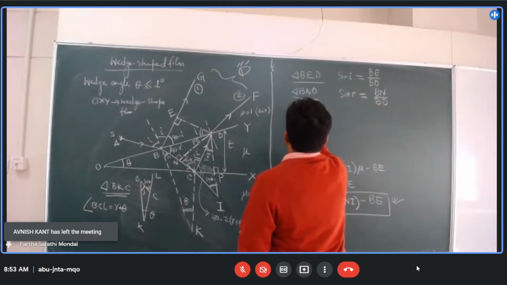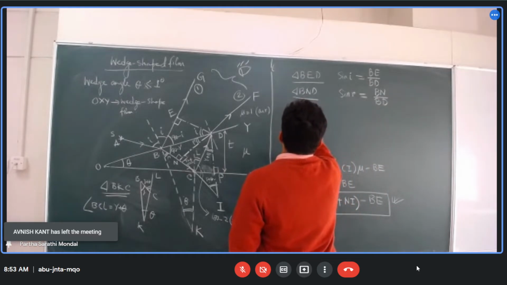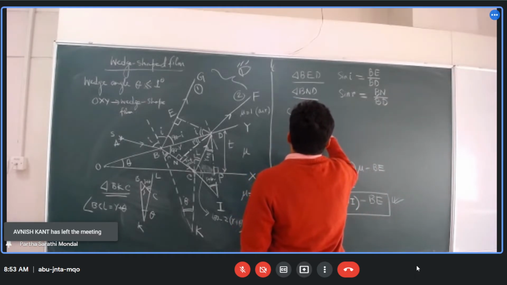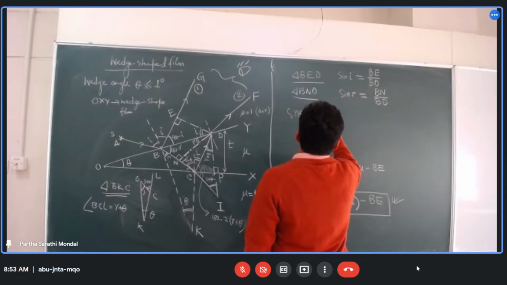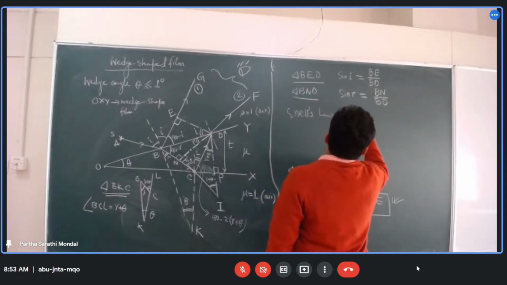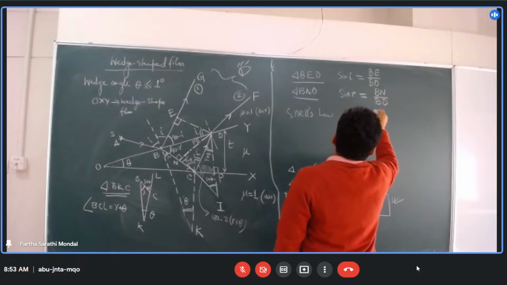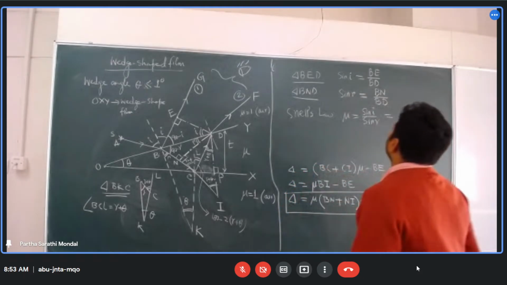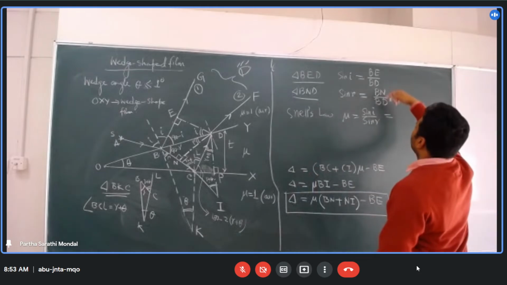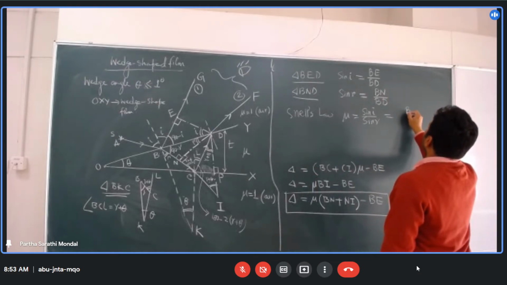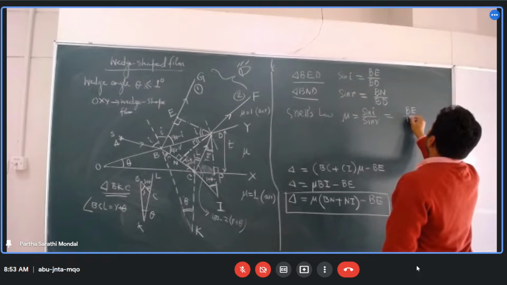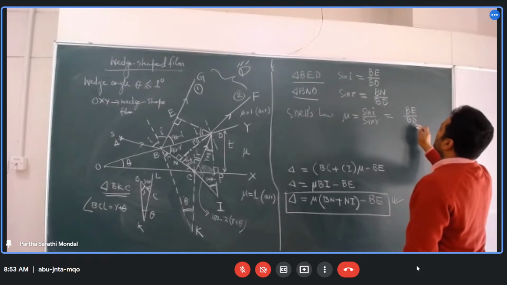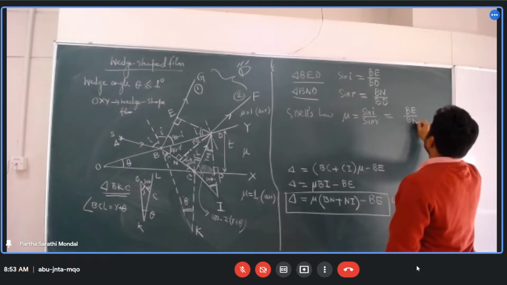So now we can calculate from Snell's law. Mu equals sin i by sin r. If we divide these two, it will become BE by BN.